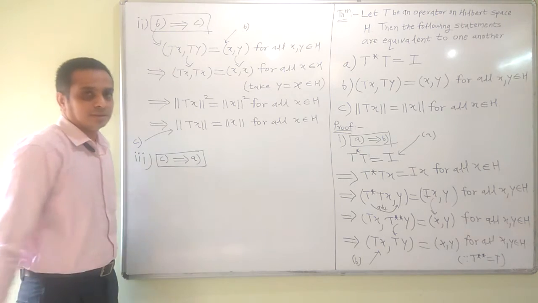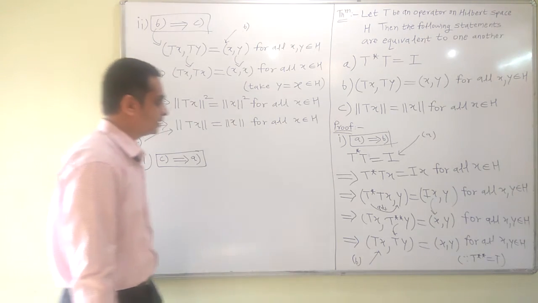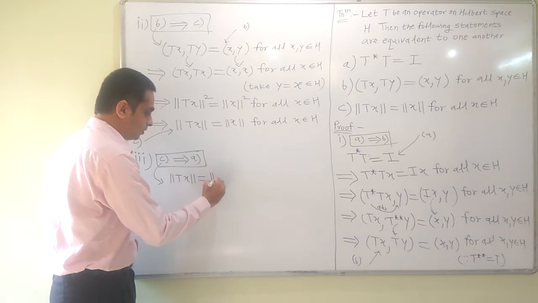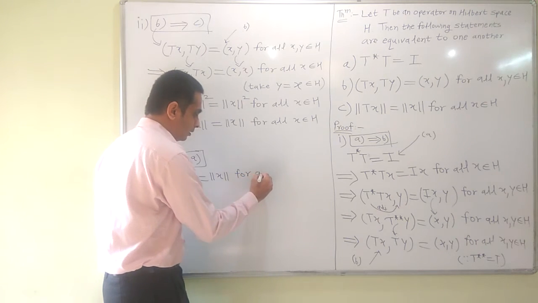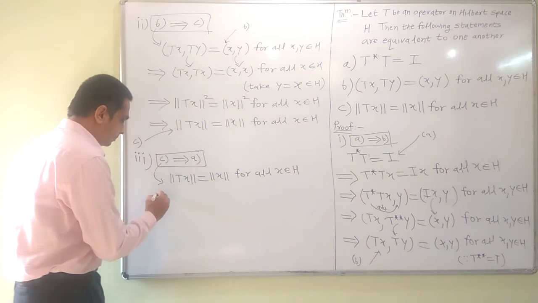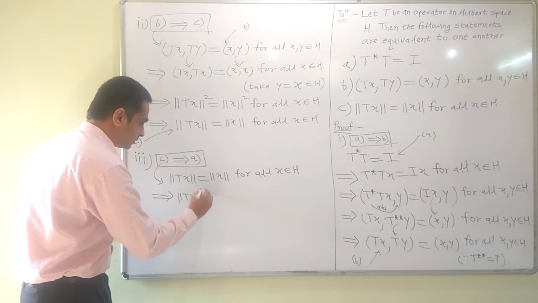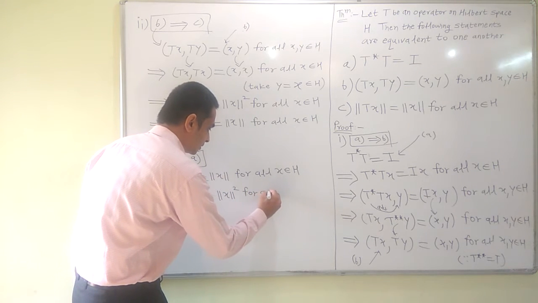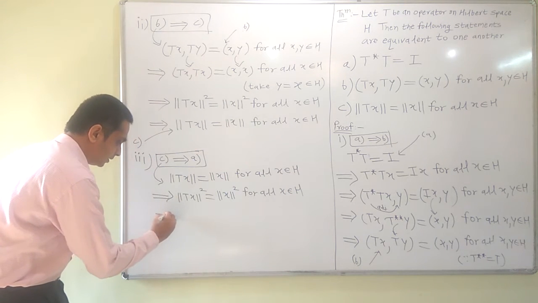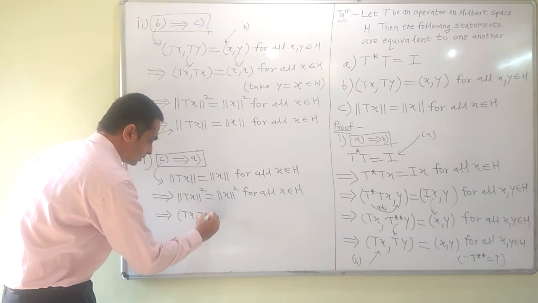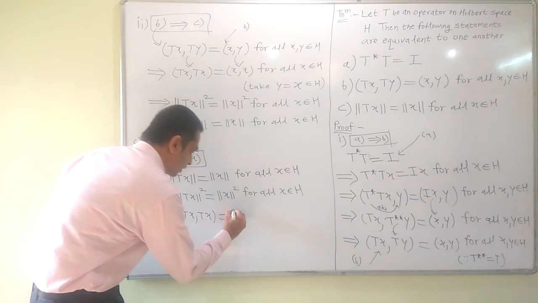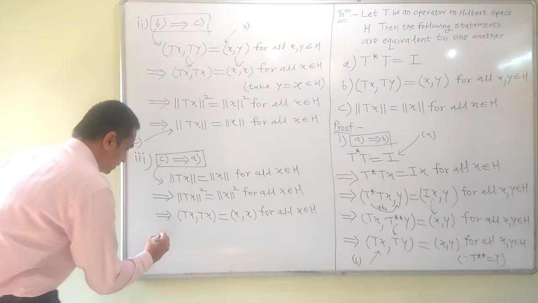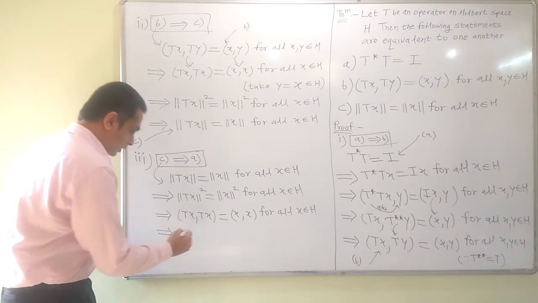So let us prove this result, C implies A. In order to prove that C implies A, let us begin with statement C, which is given as norm of Tx is equal to norm of x for all x belongs to H. This implies that norm of Tx square is equal to norm of x square for all x belongs to H. This implies that inner product of Tx and Tx is equal to inner product of x and x for all x belongs to H. Use definition of adjoint.